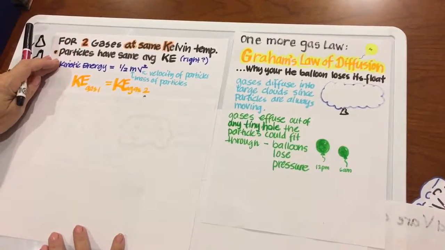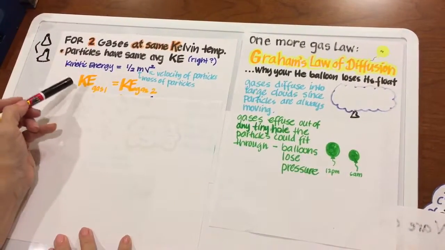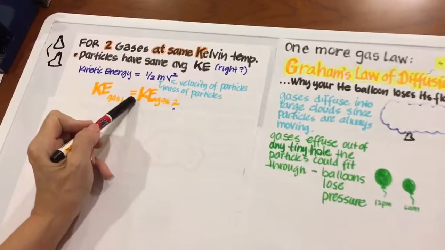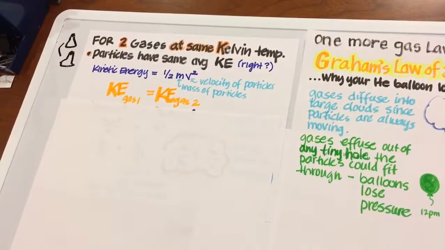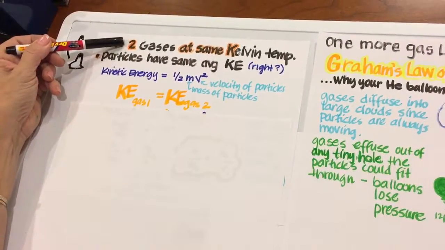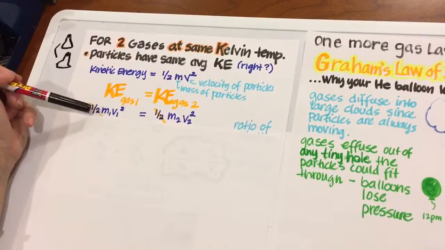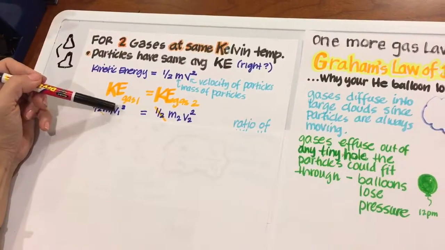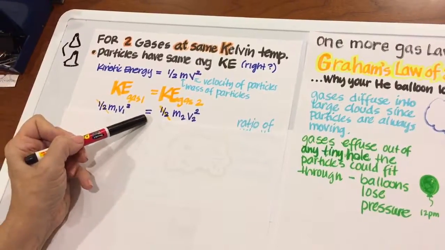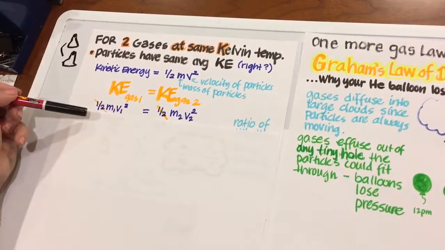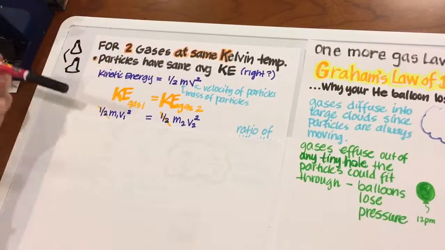So because they're at equal Kelvin temperatures, the kinetic energy of the particles in gas 1 will be equal to the kinetic energy of particles in gas 2. Same Kelvin temperature, same average kinetic energy. That means 1/2 m1 v1 squared is going to be equal to 1/2 m2 v2 squared. I just substituted in the kinetic energy formula.